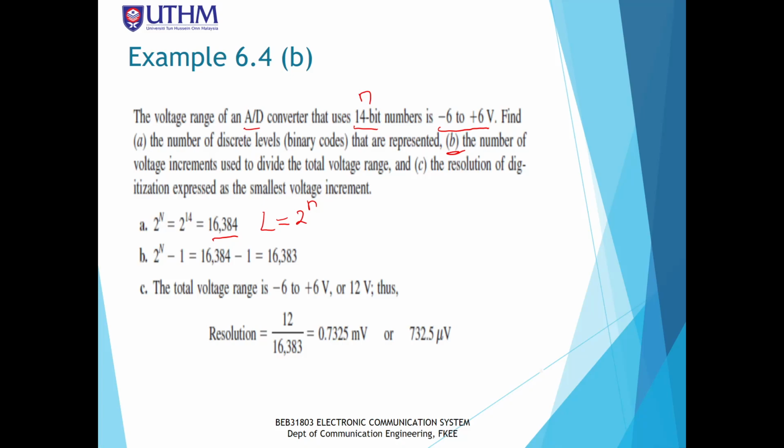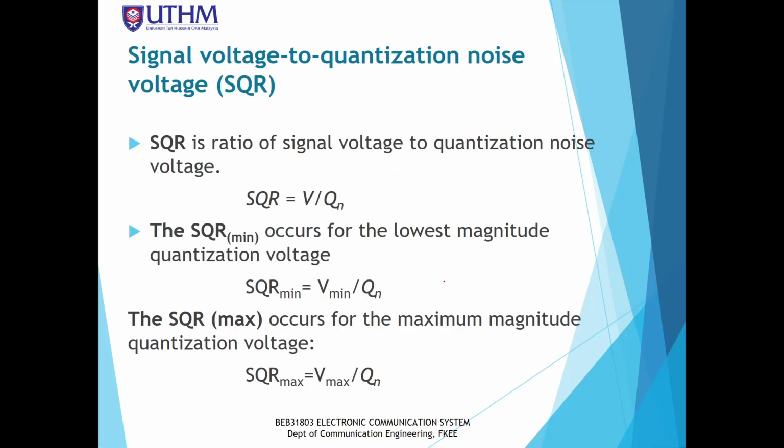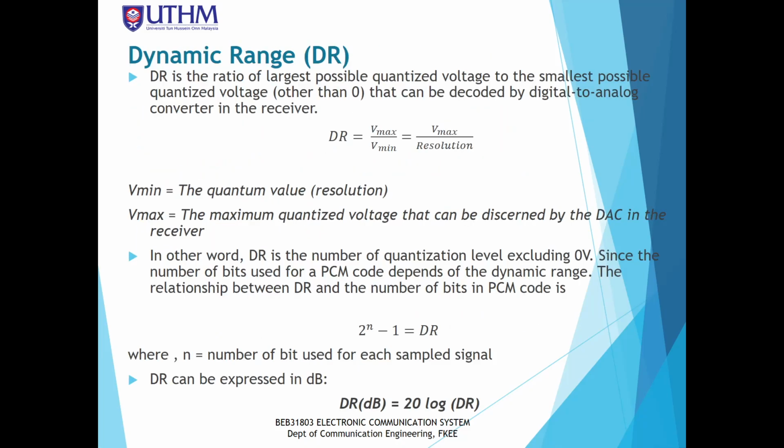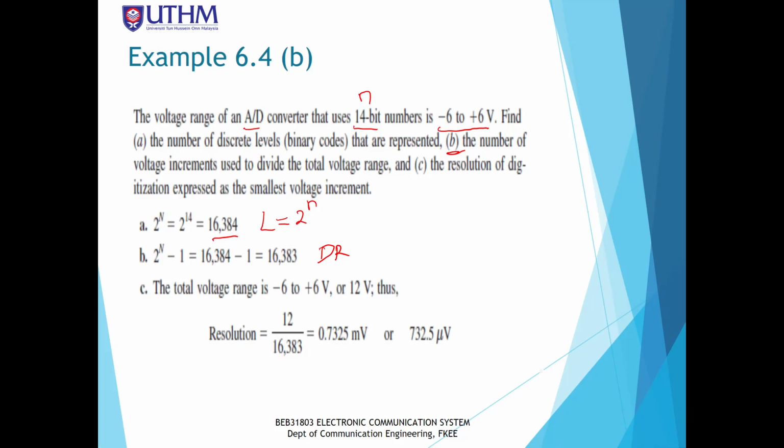Question B is actually referring to the dynamic range, which will be learned after this. Dynamic range is the number of quantized levels excluding 0 volt. So that means it is equal to 2 power of n minus 1.